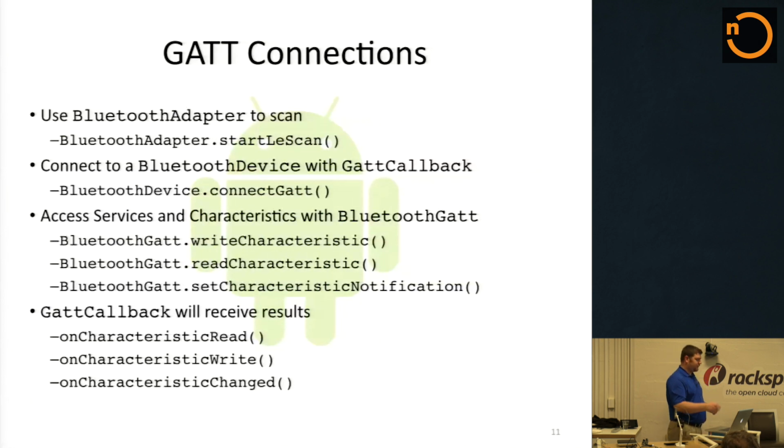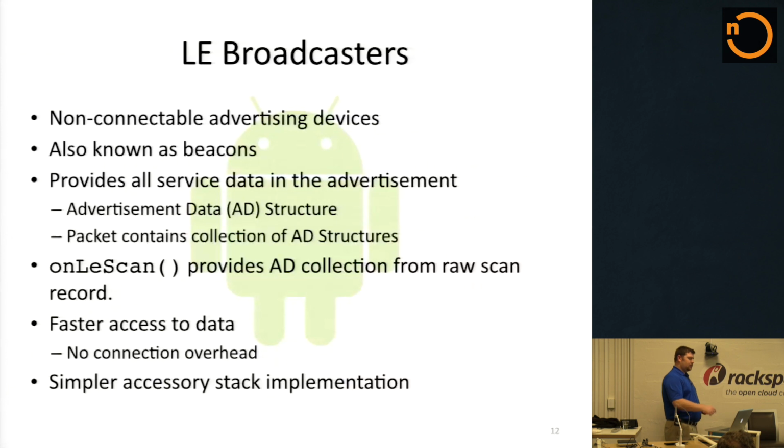That's very important because you very much want to wait for those characteristic callbacks before you move to the next event. Trying to queue these up, at least in the Android APIs, fails every time. It only works one at a time, and so your code will end up having this giant state machine in it where you say, do this, okay, done, do this, okay, done, cycling through this. Unfortunately, when I've tried to do it any faster than that, the API just freaks out. So you very much have to involve those callbacks.